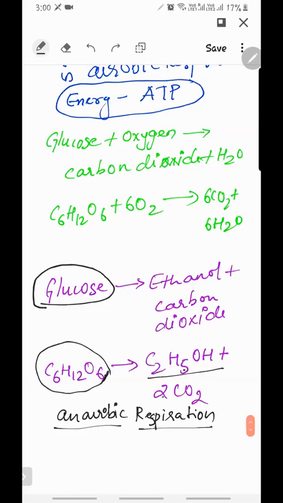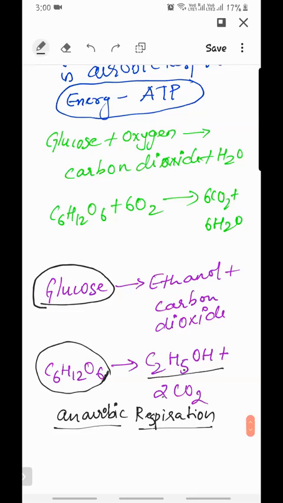Yes, humans also release lactic acid in muscles. For example, when you do heavy exercise, the oxygen supply gets less in our muscles, so the demand for oxygen increases. When you start to breathe, at that time muscles will release lactic acid. To give you more energy, they start to do the anaerobic process.